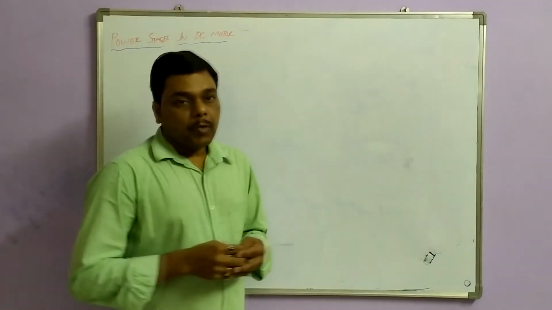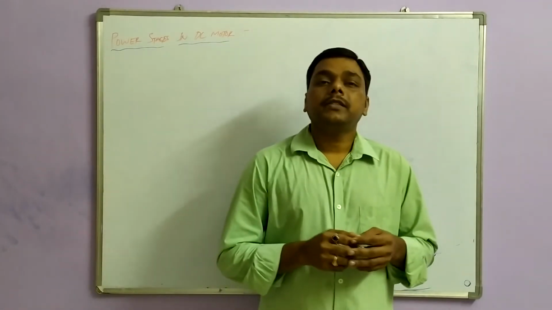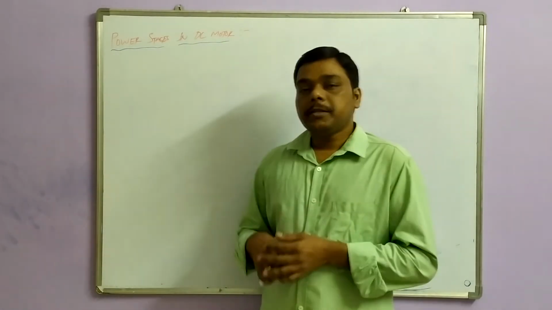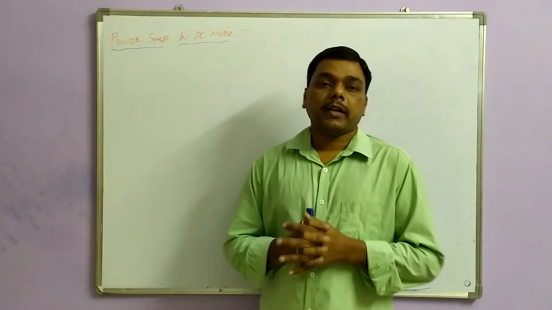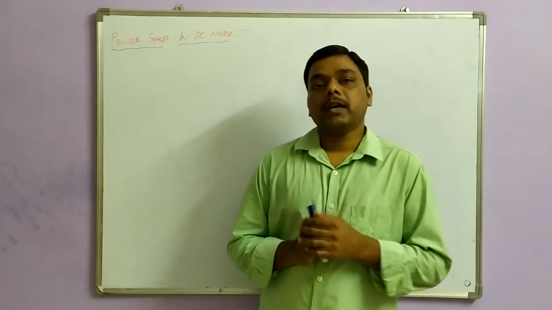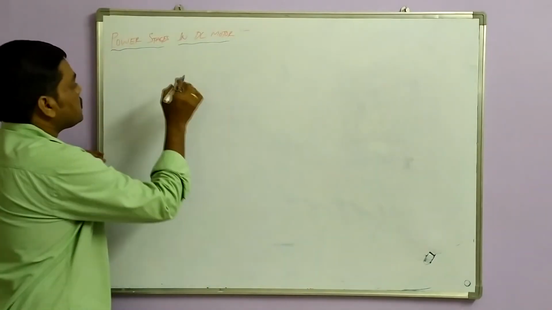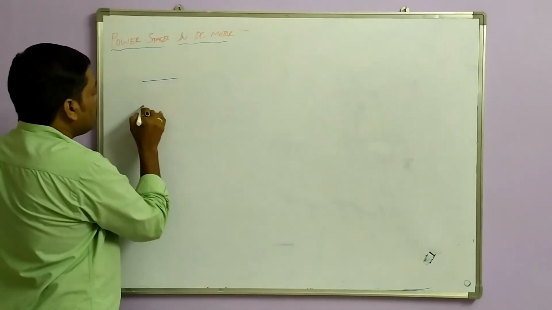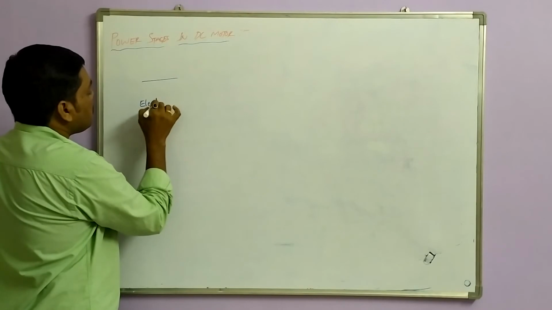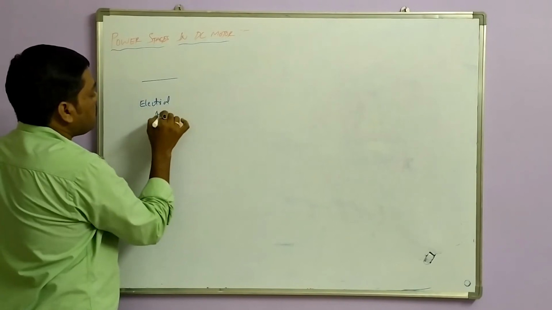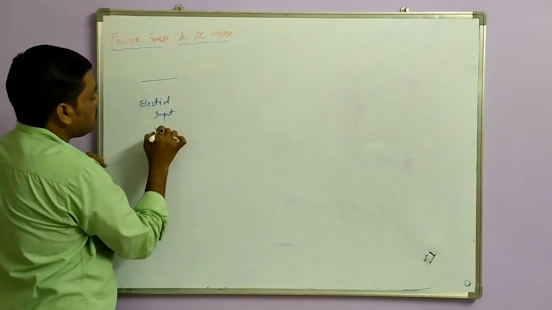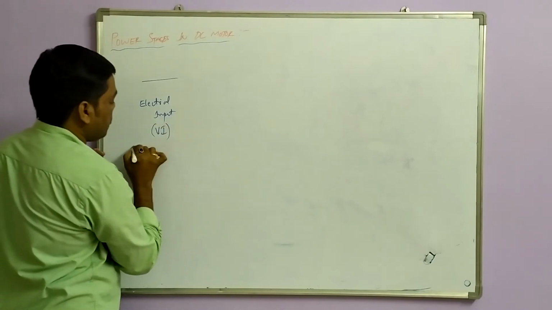Now we will discuss the power stages in a DC motor. So the DC motor input power is electrical and output power is mechanical. So we will start from the first stage. The first stage is the electrical input, so it is going to be VI.